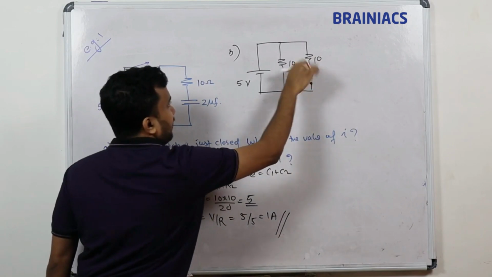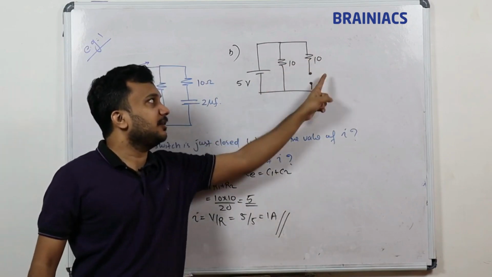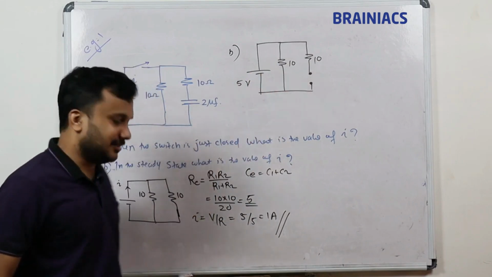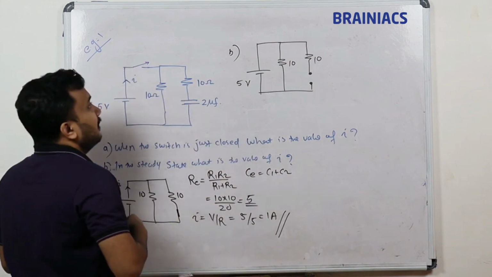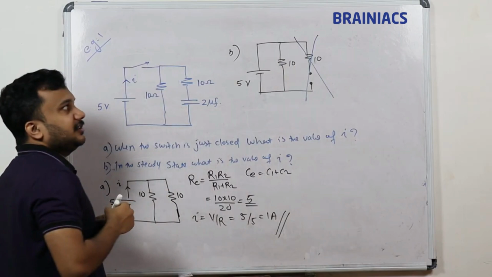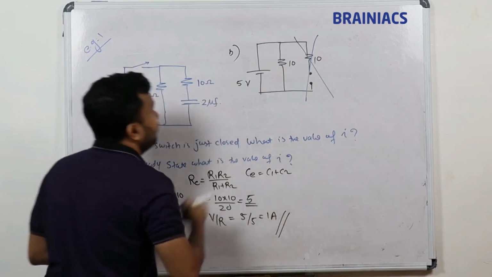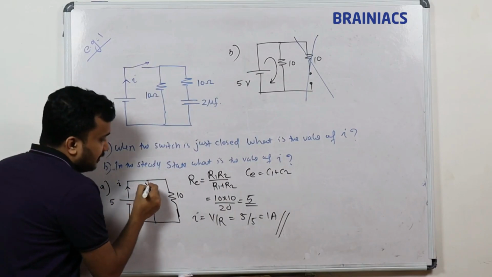This is 10 ohm. Any current is flowing here? No, this wire is broken, no current will flow through this 10 ohm resistor. So you can ignore this part of the circuit because current is not flowing. So only you have this, so current will flow like this. Here this current will be split like this.